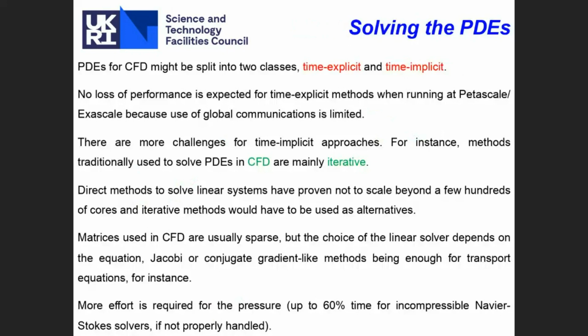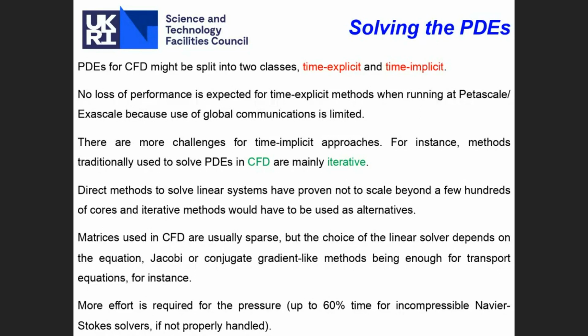Now, if we go to solving the PDEs, in CFD you've got mainly two classes: time explicit and time implicit. There shouldn't be any problem running time explicit simulation at exascale and getting good performance out of it, because when you compute a kernel, the data are very localized.